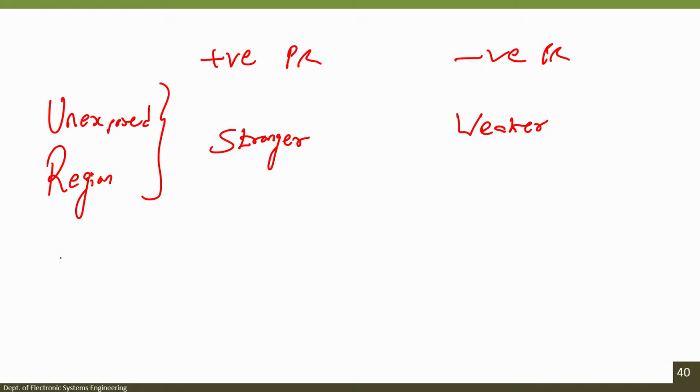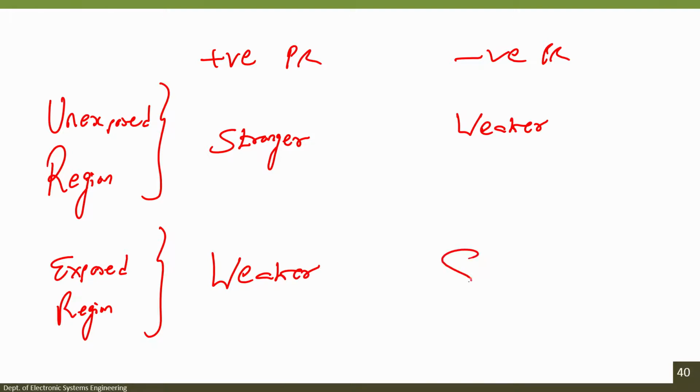The exposed region in case of positive photoresist will become weaker, in case of negative photoresist will become stronger.